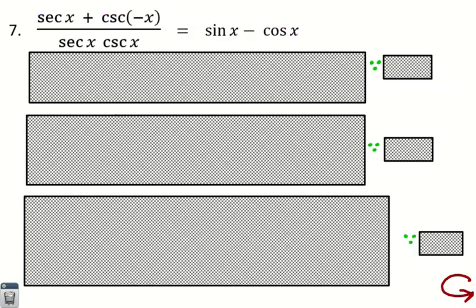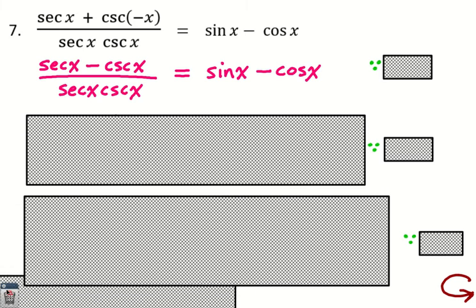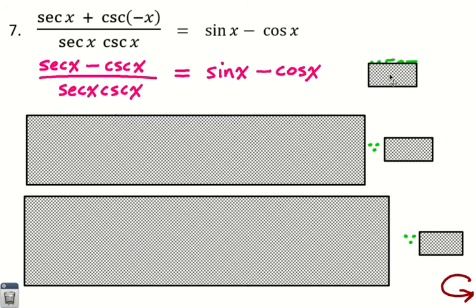So even before anything else, let's rewrite the cosecant of negative x as minus cosecant of x by even odd identities. That's a perfect code. EOI. All right?